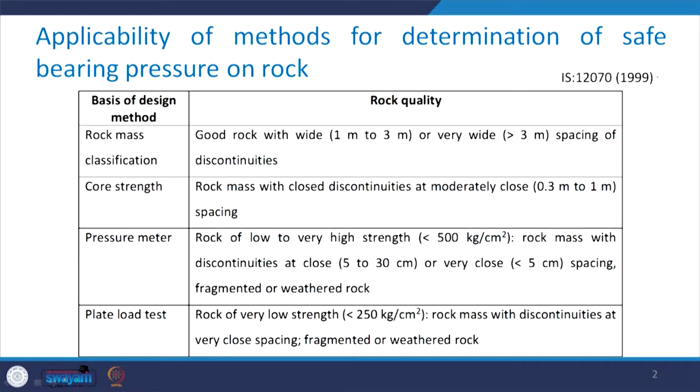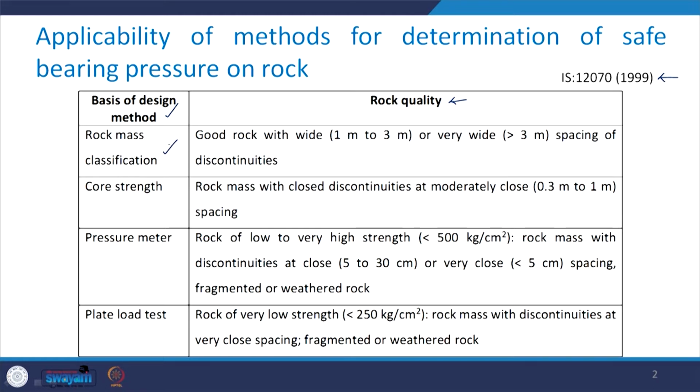This table has been taken from the relevant code, that is IS 12070. The first column gives the basis of the design method and the next one talks about the rock quality. The first one deals with rock mass classification.